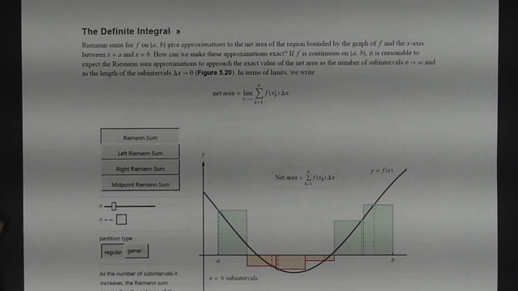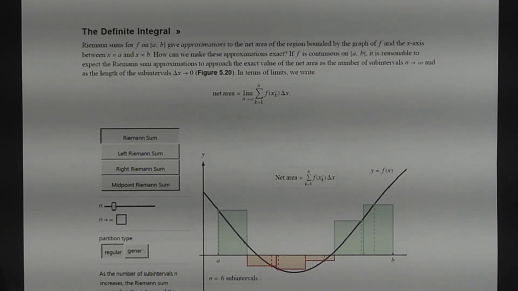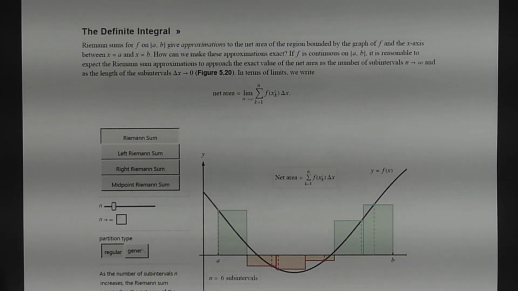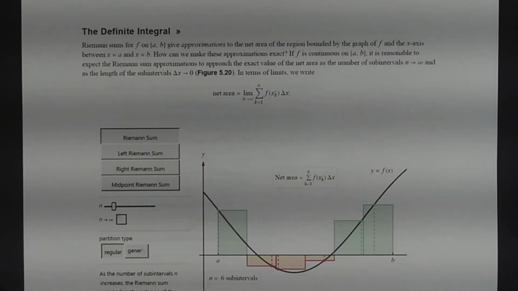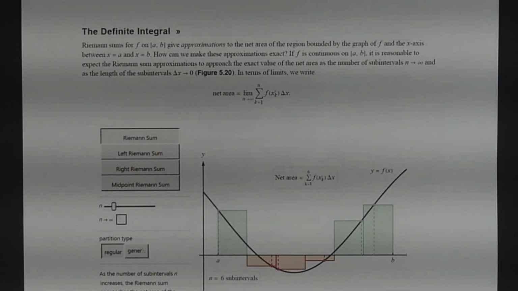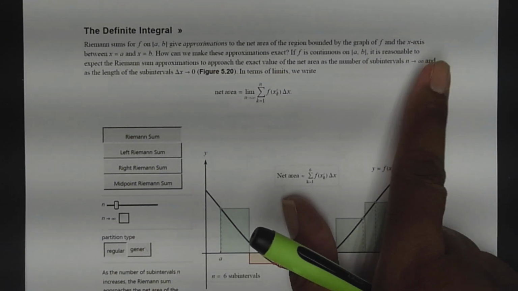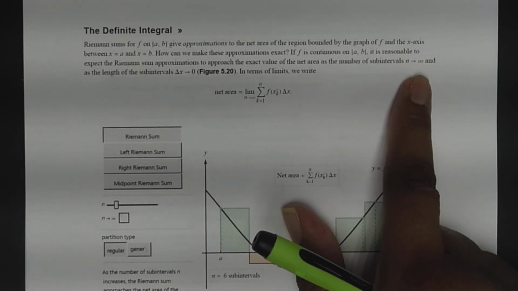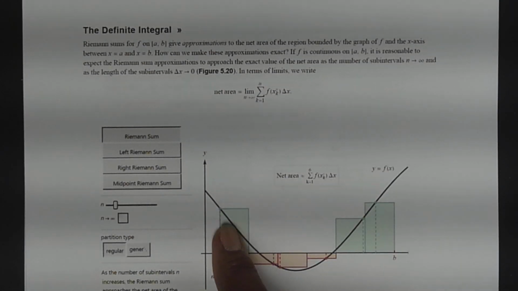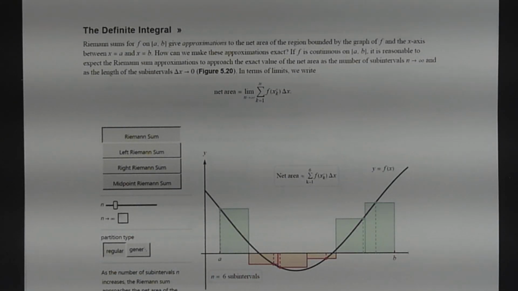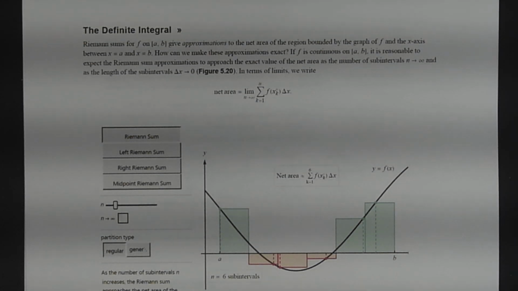Well, if f is continuous on the closed interval [a, b], it is reasonable to expect the Riemann sum approximations to approach the exact value of the net area as the number of subintervals n approaches infinity. So that means if you let your number of subintervals get bigger and bigger, then we're going to get closer and closer to the exact area.